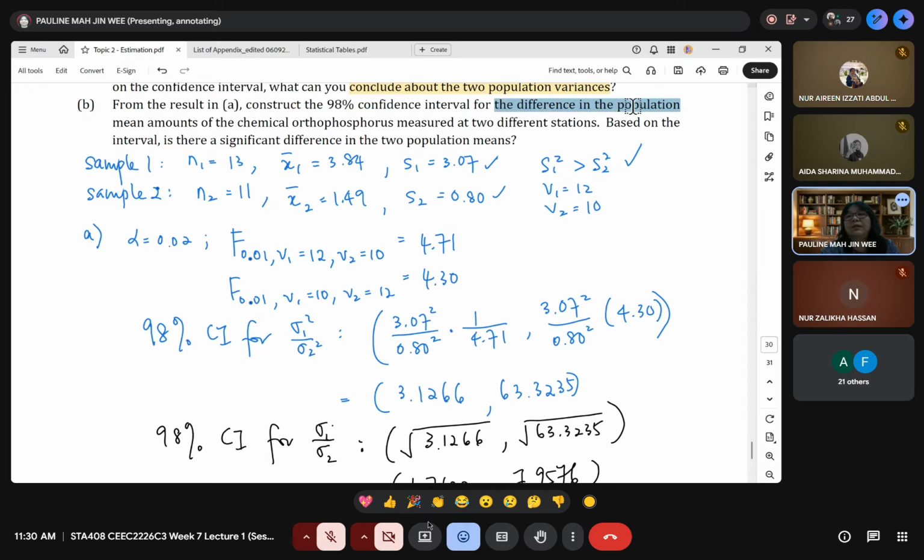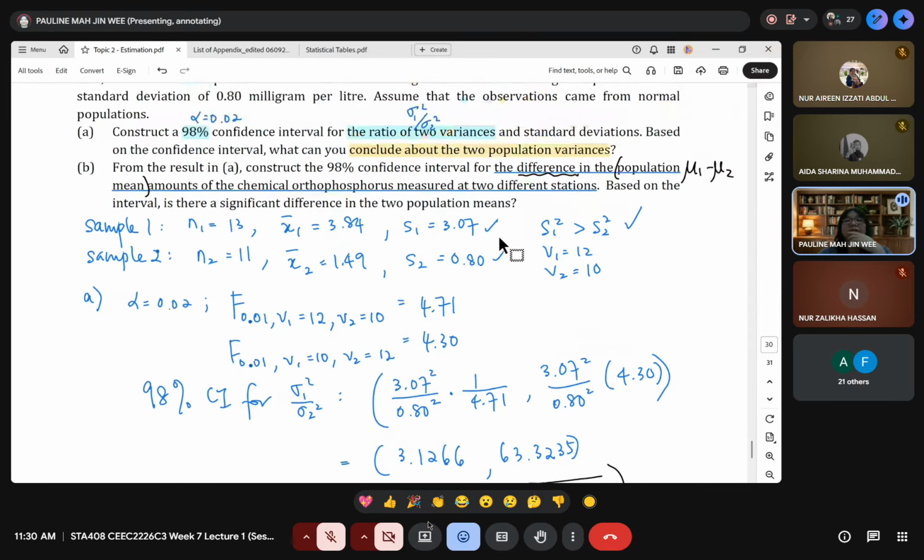Now we are interested in the population mean, mu1, and then they want to see the difference. The word here is difference. So the difference here will tell you mu1 minus mu2. Okay, so this is what we want.